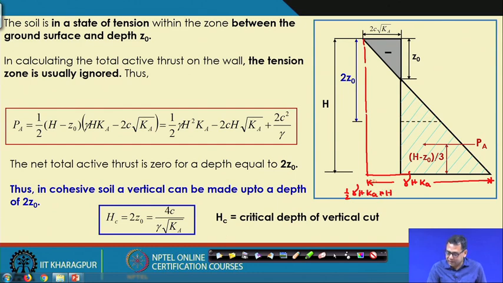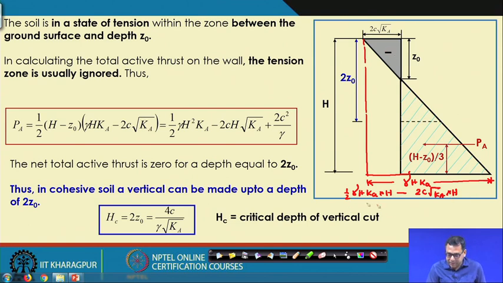This is this triangle minus this rectangle. This rectangle is 2 c root K A into h. If I take the rectangle, this portion will cancel out, because we are taking this portion within this triangle and with the rectangle also. So, both will cancel out, and only this one minus this one remains.